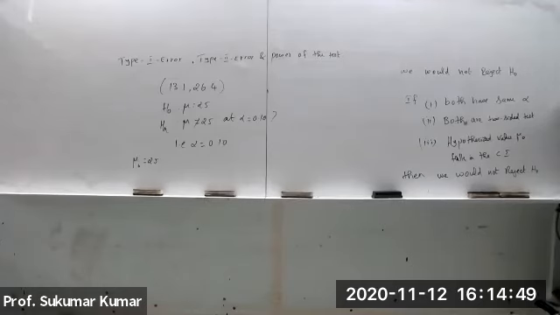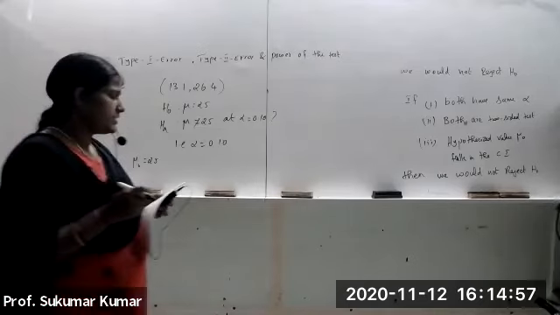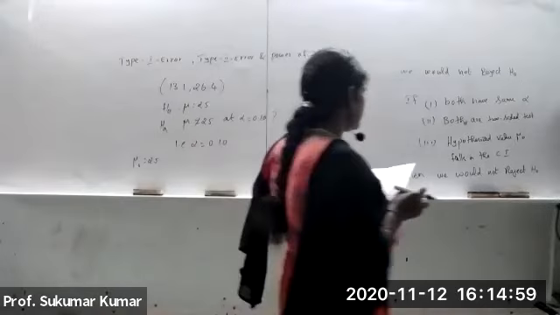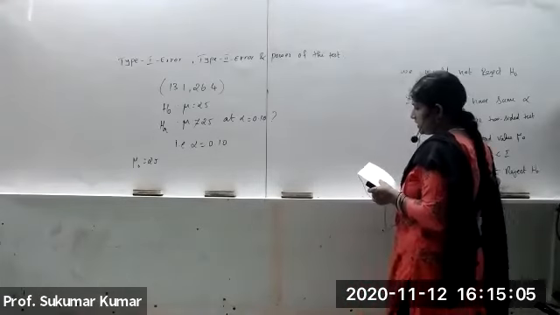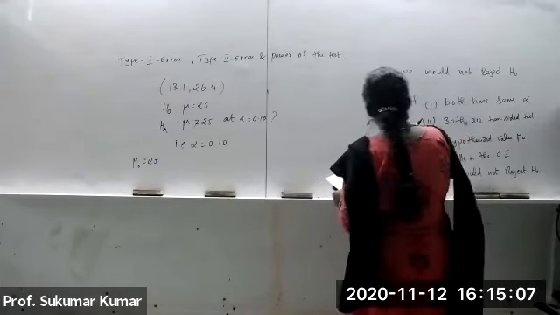So the null hypothesis would not be rejected at a significance level of 0.10.